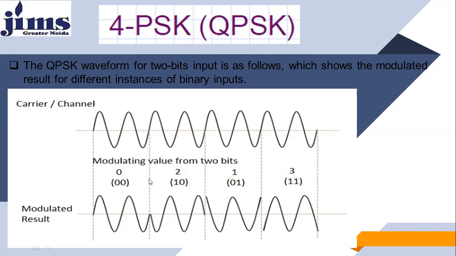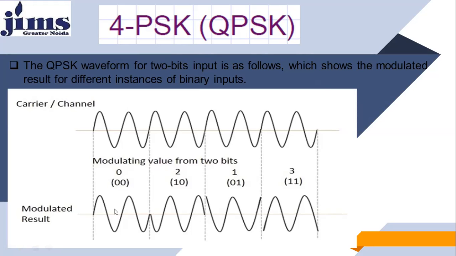So according to this bit stream, the carrier changes its phase. You also remember that when 00 comes in the picture, there is a phase shift of 0 degree, then 90 degree, 180 degree and 270. So there are 4 ways to change the phase of a carrier signal, right?